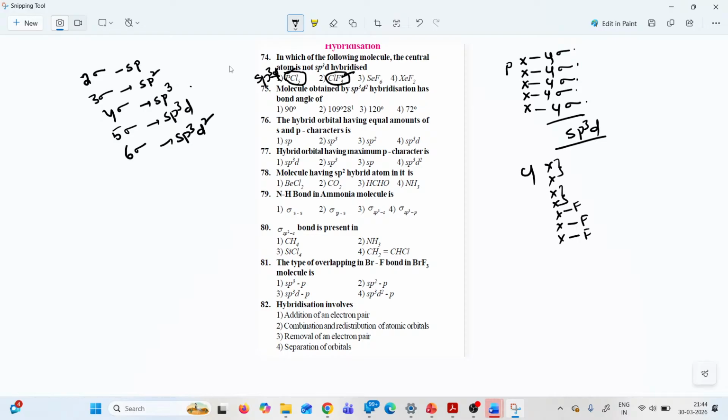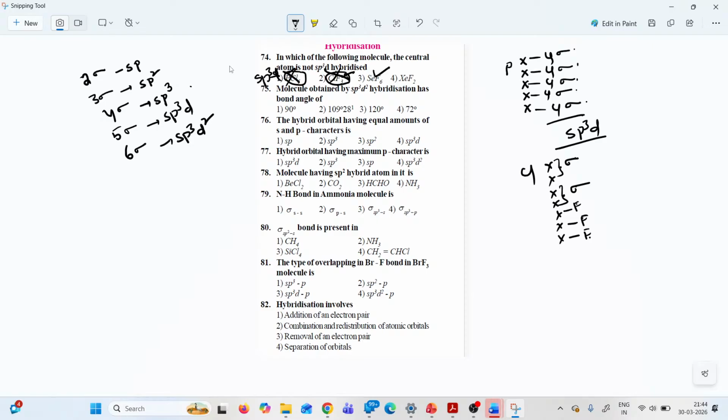The remaining 4 unpaired electrons, 2 electrons will become 1 lone pair, and the other 2 another lone pair. Counting 1 sigma, 2 sigma, 3 sigma, 4 sigma, 5 sigma means this is also sp3d hybridization. So this is also not our answer.